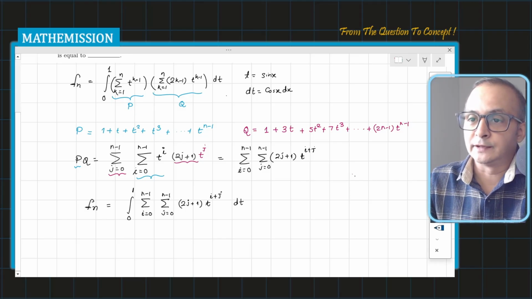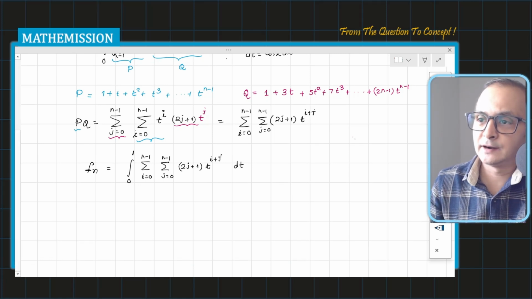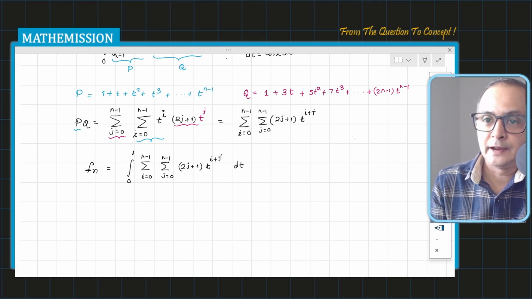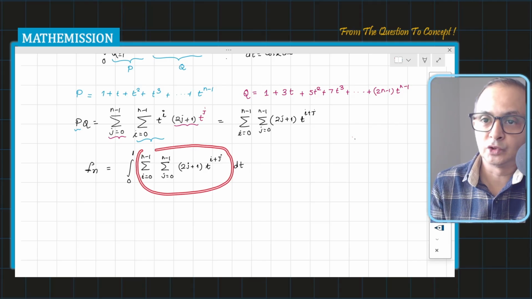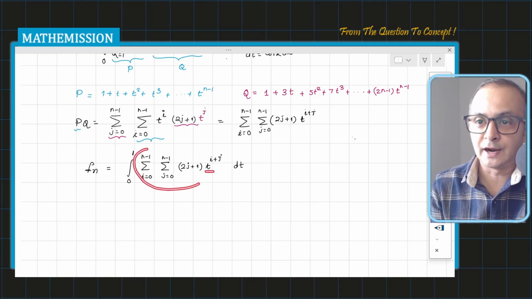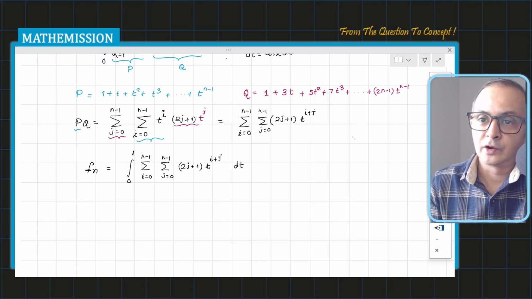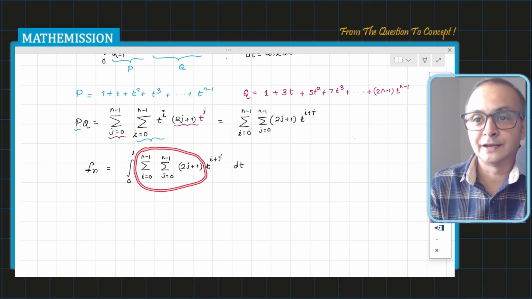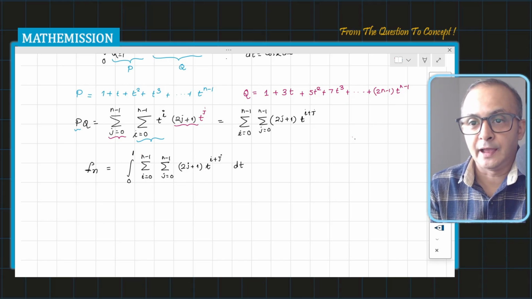Now notice one thing, in this entire integrand, the only variable is t over here. All the other terms are actually constant terms because they are constrained or conditioned to this summation, and the indices are i and j.